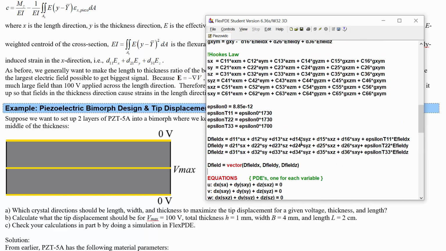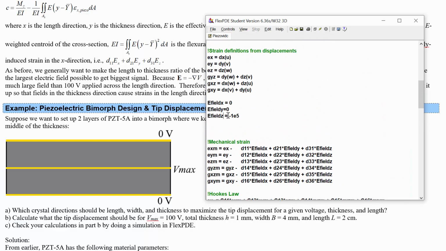Right. So what we'll do is change the electric field to be this piecewise thing, which in FlexPDE we would do with an if statement. If z is less than Lz over 2, then we're going to need a negative field, negative 100 over Lz over 2.